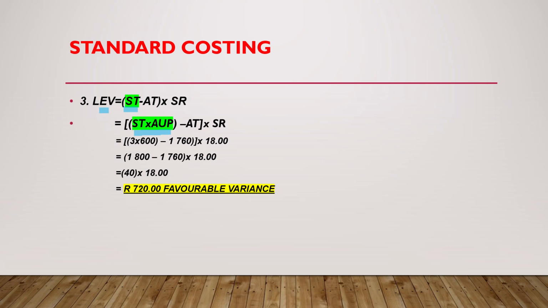So you go to standard information, look for labor because we're talking about labor, and look at what our standard time is. Under labor it says 3 hours of labor is used. So our standard time is 3 hours.